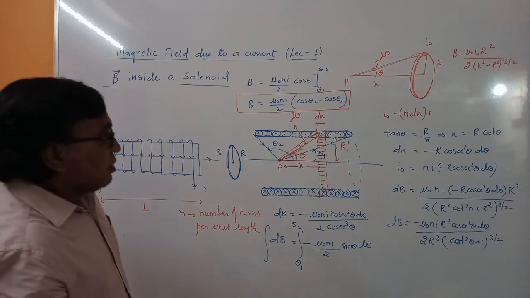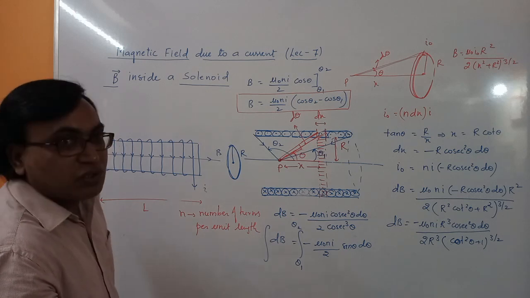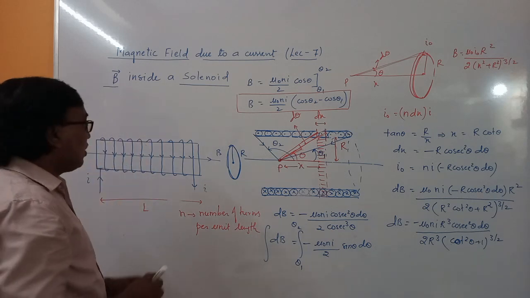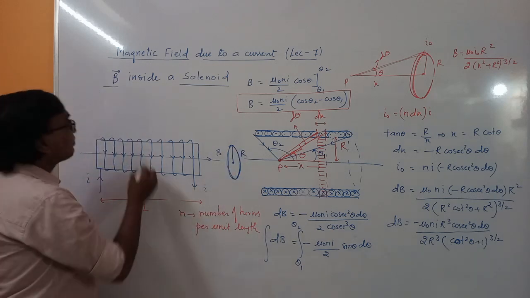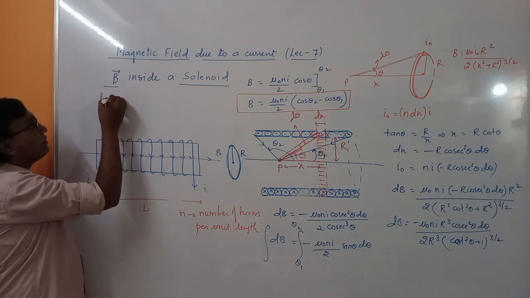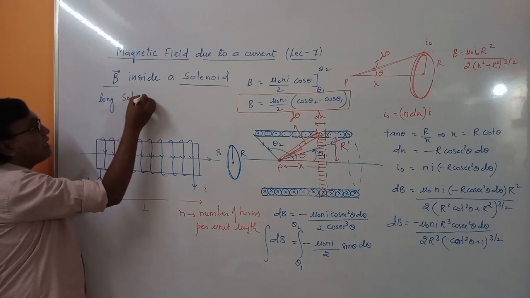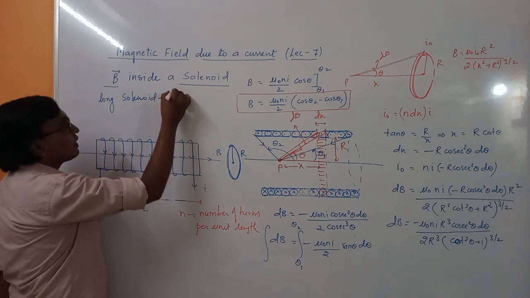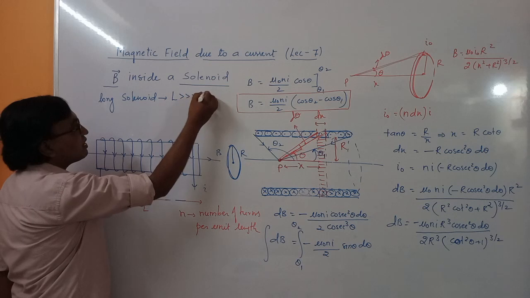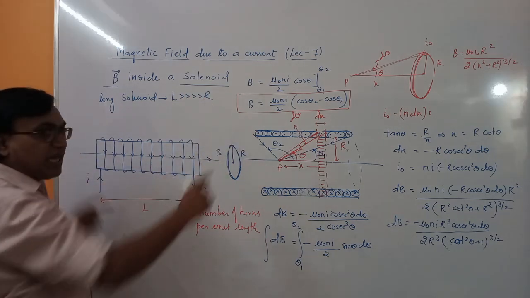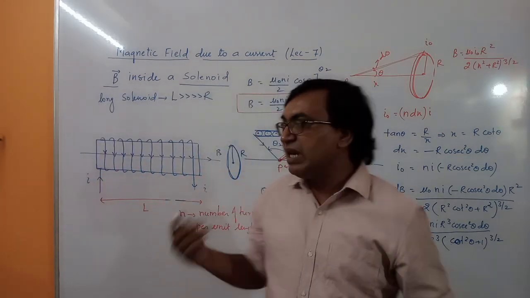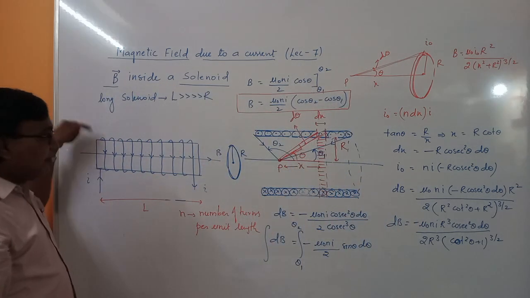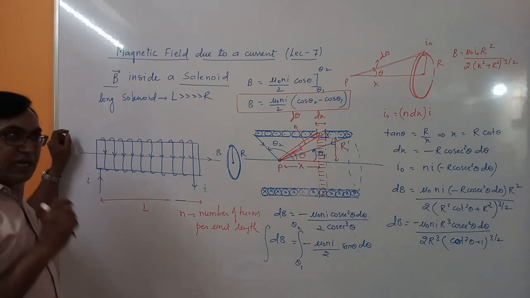Fine. So now we have a long solenoid. What do we mean by a long solenoid? If the solenoid is long, it means L is very large compared to R. The length is large compared to the radius, then we say the solenoid is long.